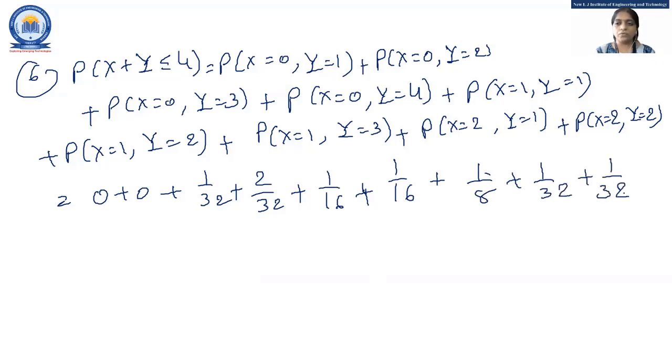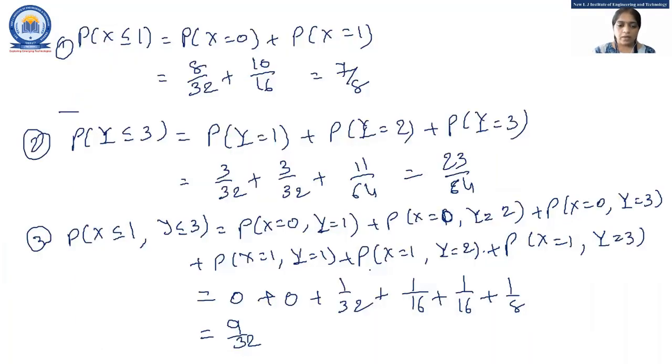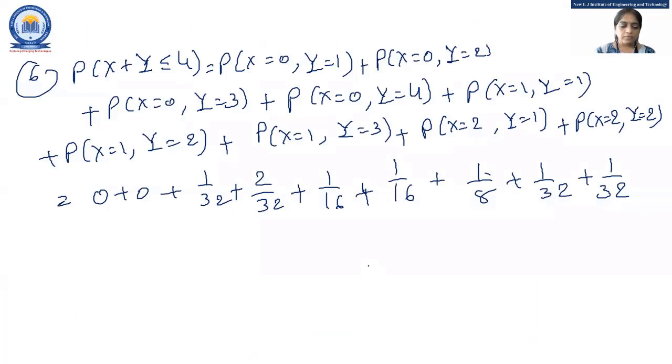All these values you will get from this table. This is marginal distribution table. Got it? So with the help of the values of this table, after summation, you will get final answer, that is 13 by 32. Got it, everyone?